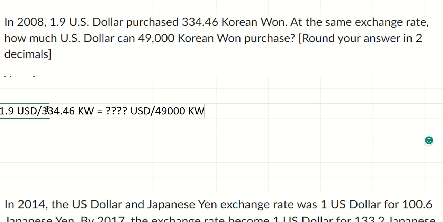Now all we're going to do is solve for the missing variable. So cross multiply: 1.9 divided by 334.46, and then multiply by 49,000. That's the answer, $278.